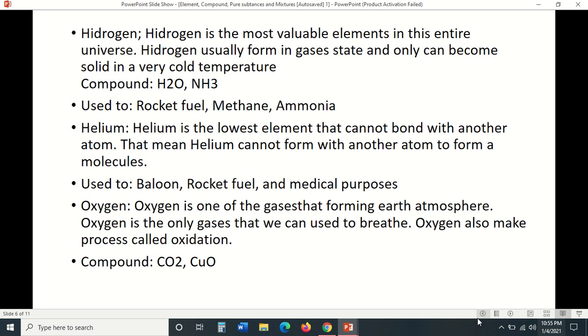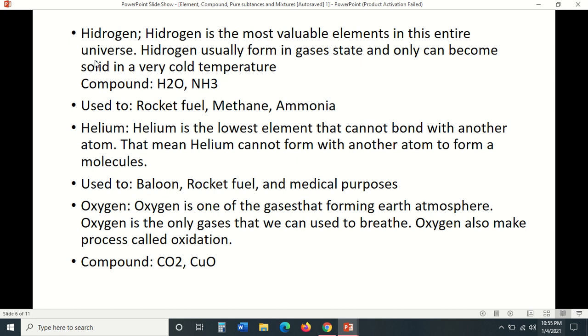Maybe 30, 35. So room temperature is between 35 and 40. At room temperature, in our daily life, it is in a gaseous state, and it can only become solid at a very cold temperature near absolute zero. What is absolute zero? We'll talk about it in another episode.